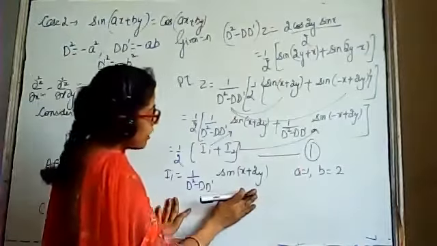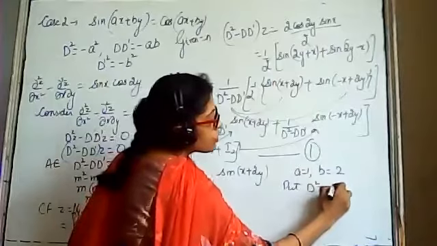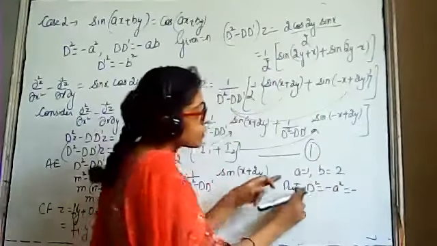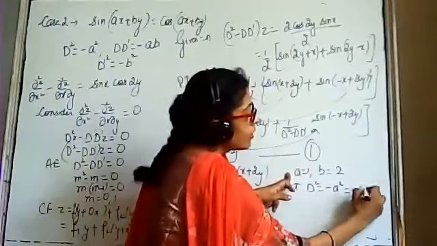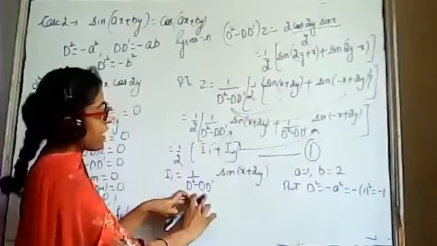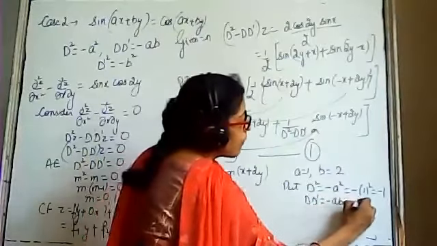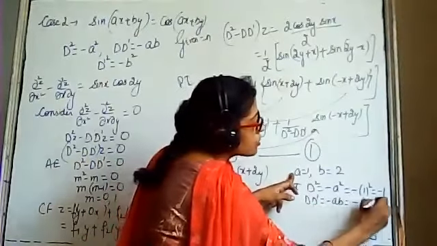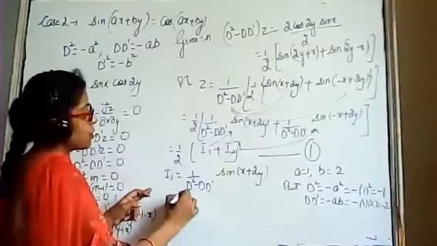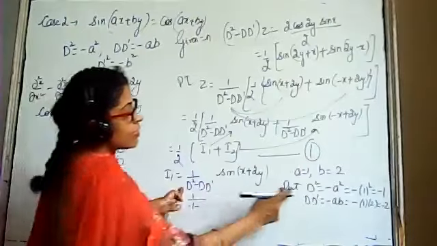So what we will do, put D² is equals to minus a², what is a? This is 1. 1 square, it will be minus 1. After that we have DD'. DD' will be minus a into b. a is 1, b is 2. This is minus 2. Substitute the values. This is minus 1. D² की value क्या है?